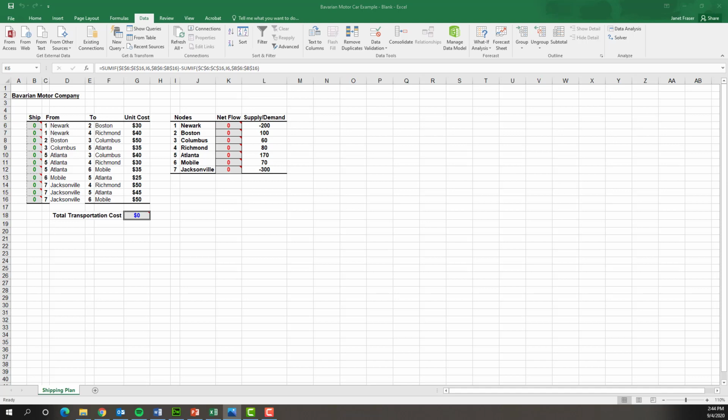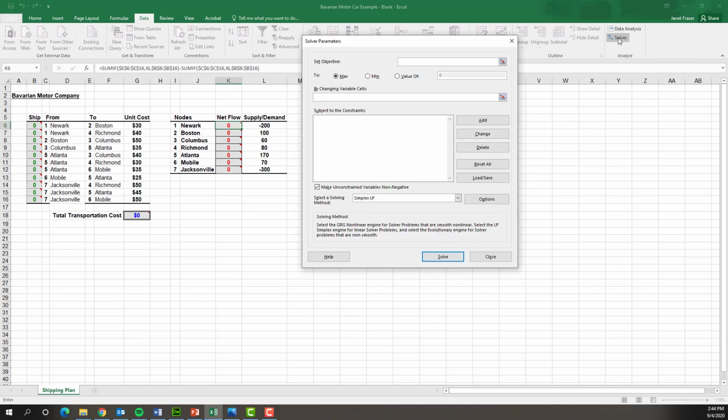So how on earth do we go about setting this up in Solver? First, we open up Solver. Our objective cell is going to be G18, and we are trying to minimize the cost of getting these vehicles from Newark and Jacksonville to the other cities in our dealership network.